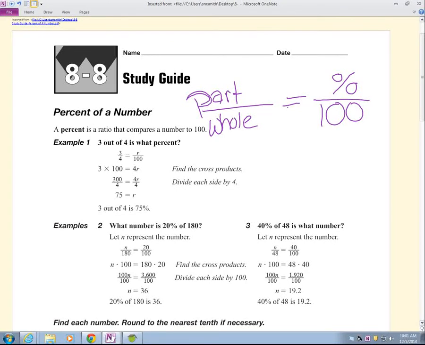Okay? And also with word problems, there's this one: percent over 100, and then we have is over of. And you're writing that one as well.